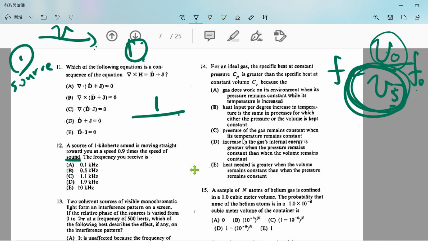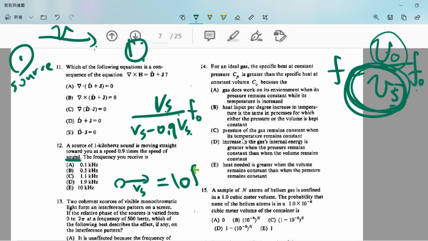Suppose the velocity of the sound is V. This is V, and this is V minus 0.9 V, because now the source is moving very quickly, times the original. So basically it's 10 times the original frequency. So 1 kilohertz becomes 10 kilohertz.